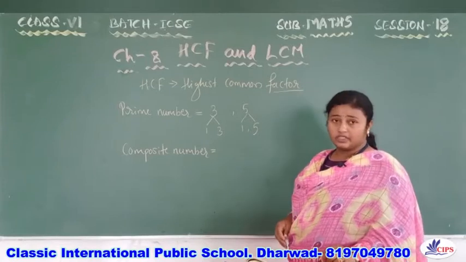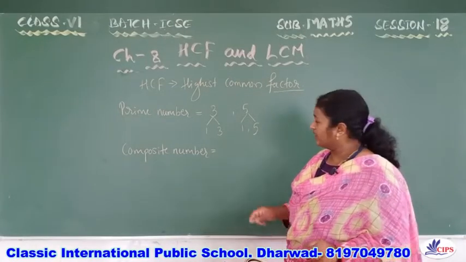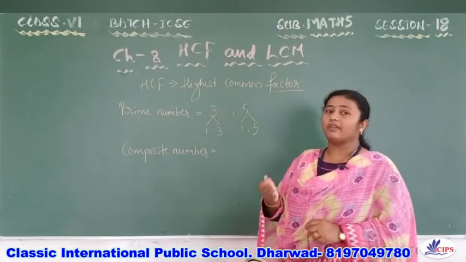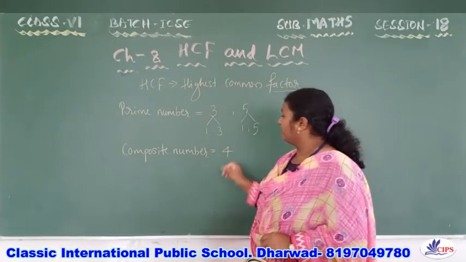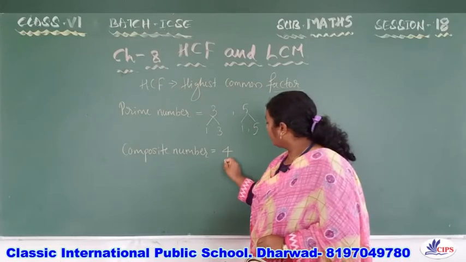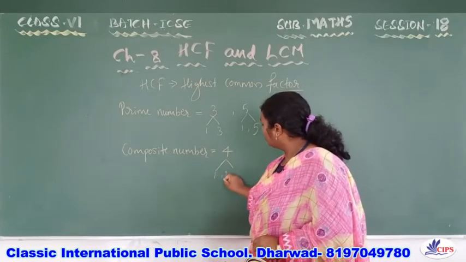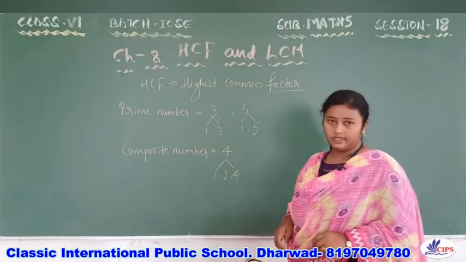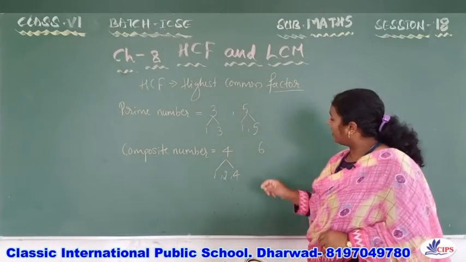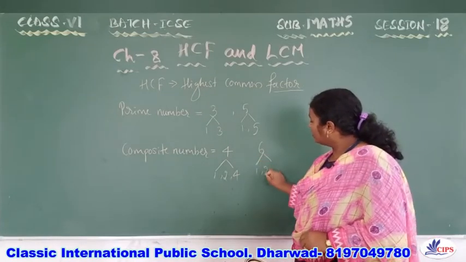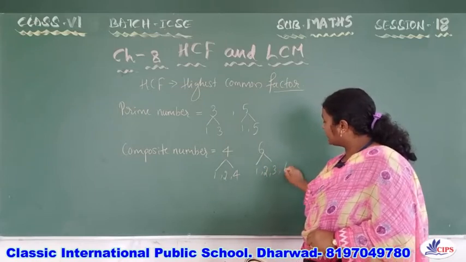Next come composite numbers. What is meant by composite? Numbers which have more than 2 factors. For example, 4 can be divided by 1, 2, 4. One more example, 6 can be divided by 1, 2, 3, 6.